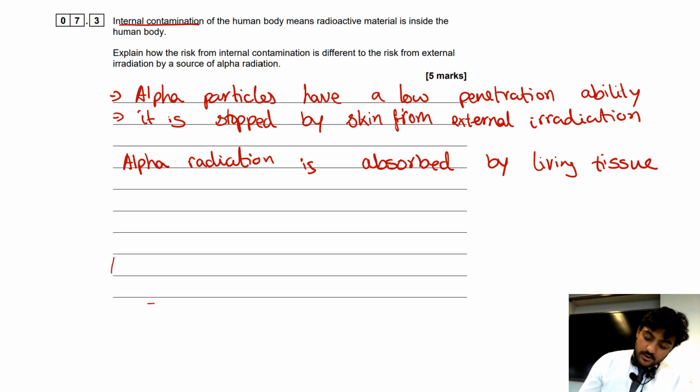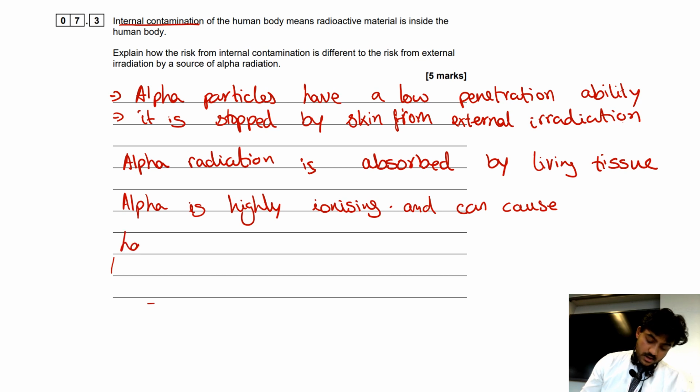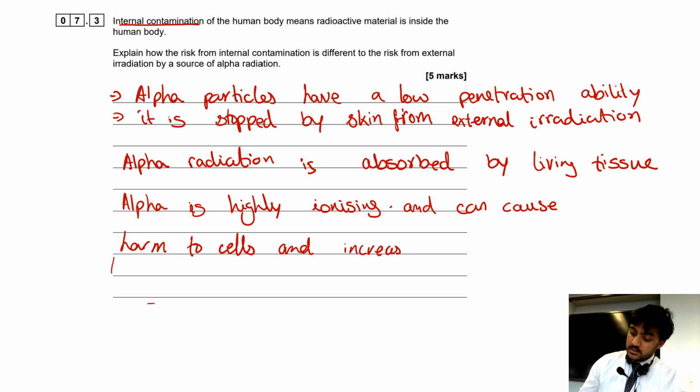So the next thing that I write is alpha radiation is highly ionizing and can cause harm to cells and increase the risk of cancer.